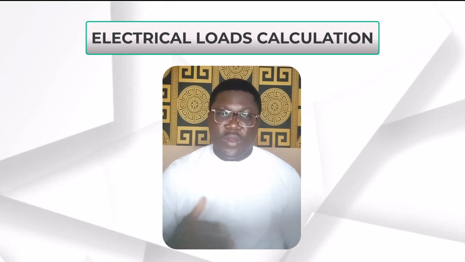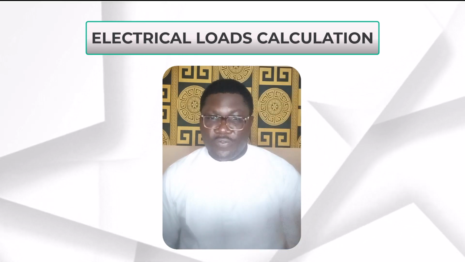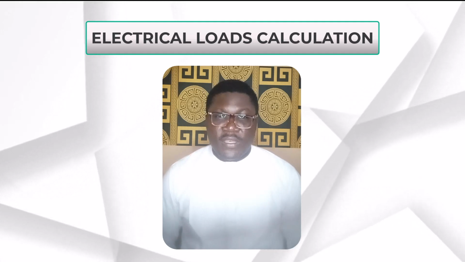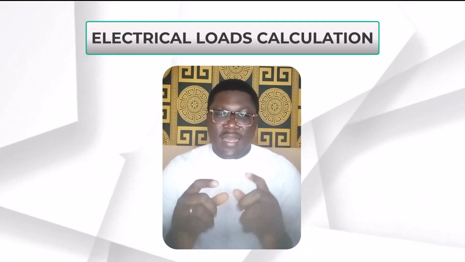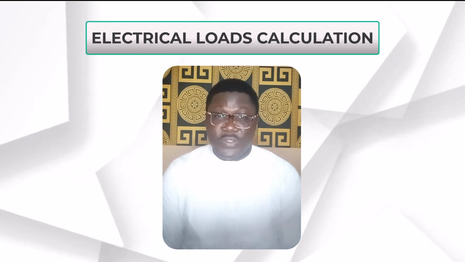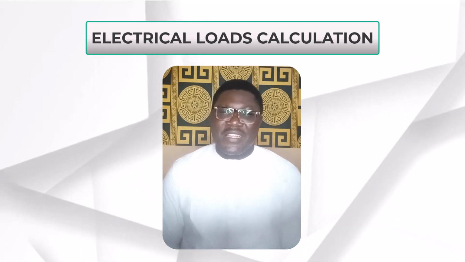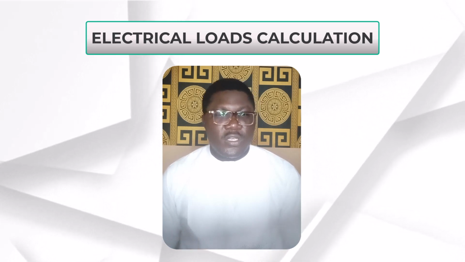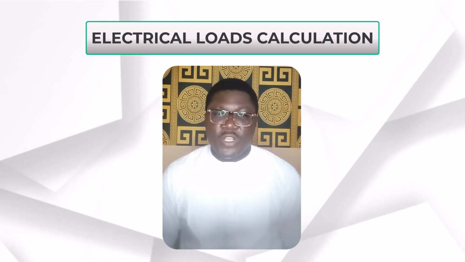Let's take, for example, your iron, your refrigerator, your television, your heater, your microwave. There is a particular amount of power consumption that is dedicated to each electrical device. For example, let's do a quick mathematical representation.